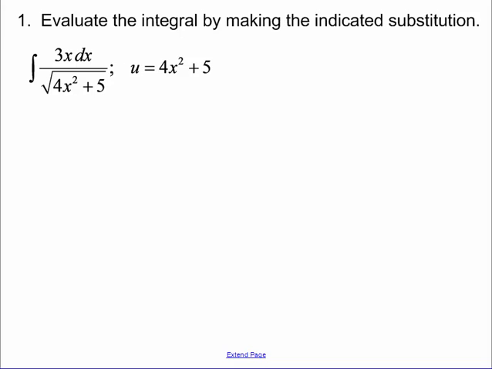Our first few examples, they give us the u. So take the derivative of this with respect to x. du equals 8x dx. Now in this case, for this integral here, let's bring the 3 out in front.